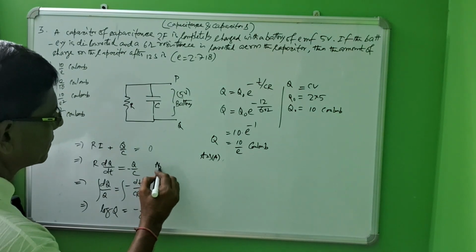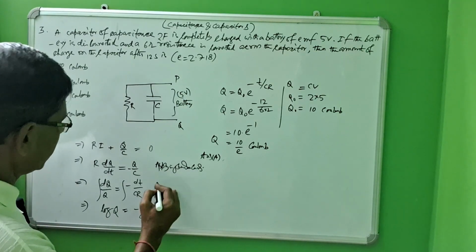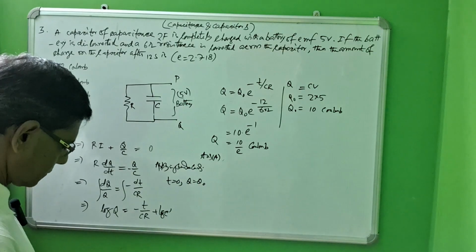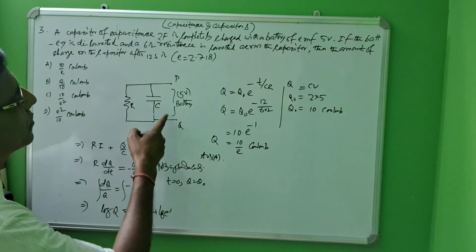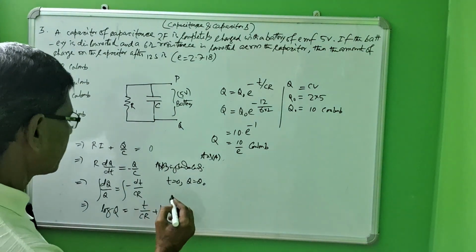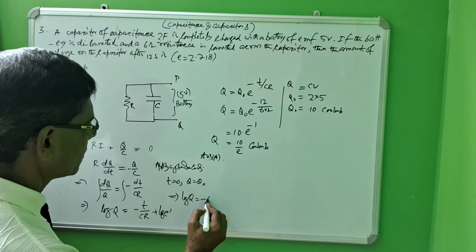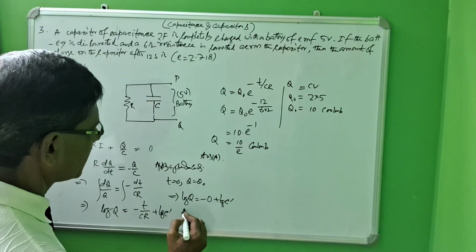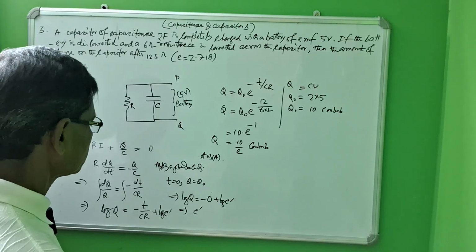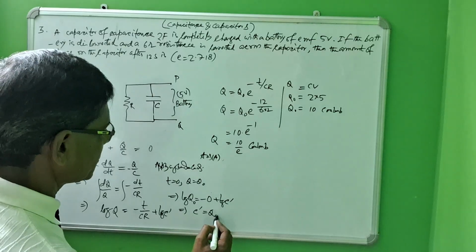Applying the boundary condition, when t equals 0, then Q equals Q0. When t equals 0, the charge on the capacitance is Q0. Applying this, we get log Q0 equals 0 plus log C dash, which implies C dash equals Q0.